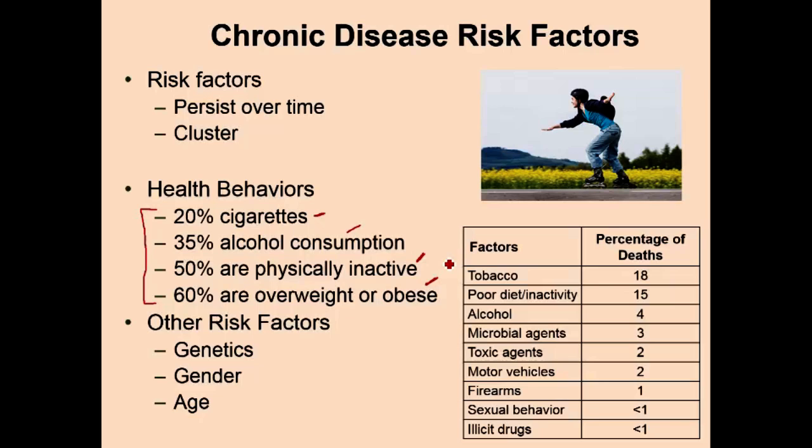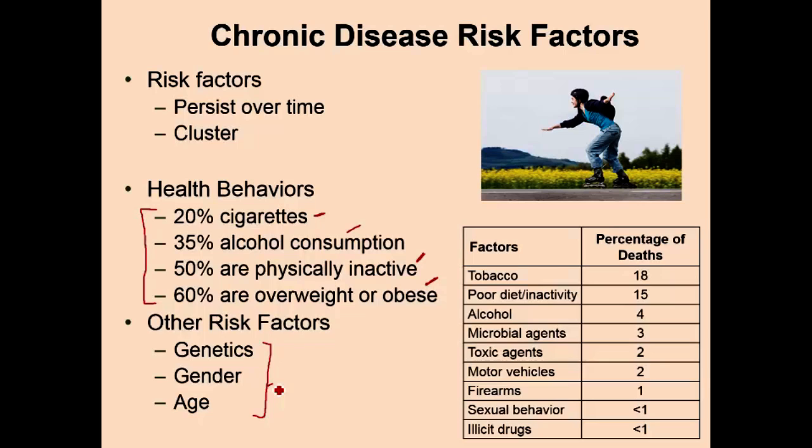Now, there are other risk factors, including genetics, gender, and age, and these risk factors cannot be controlled. Okay, so you're going to get older, and you can't control that. Gender, genetics, all of these are basically out of day-to-day control, where you could just change something in your diet and it would affect your genetics, your gender, or your age.